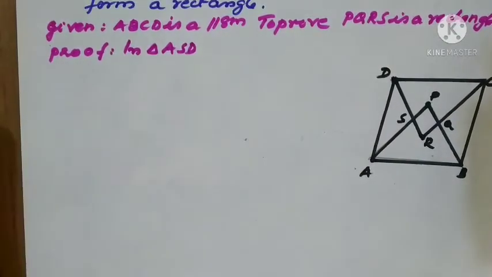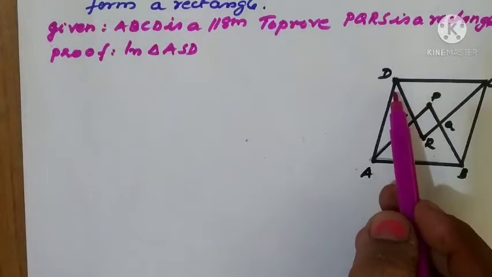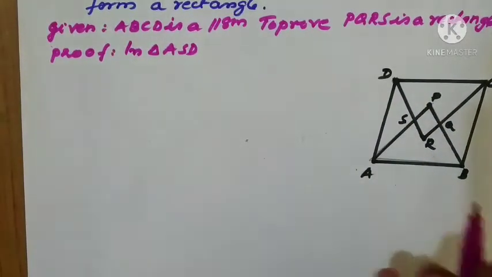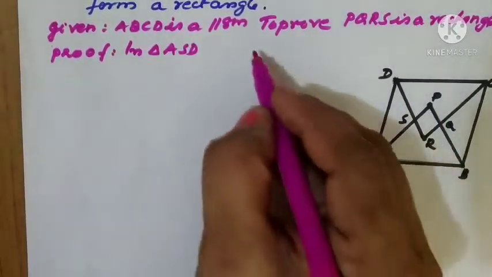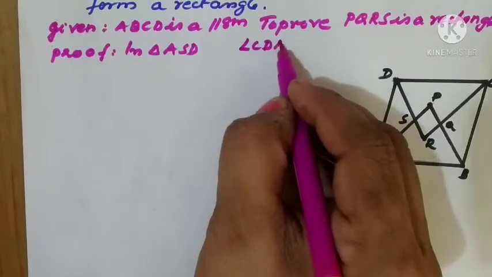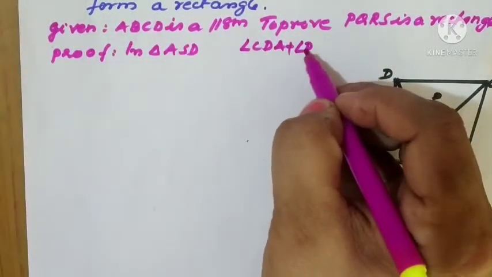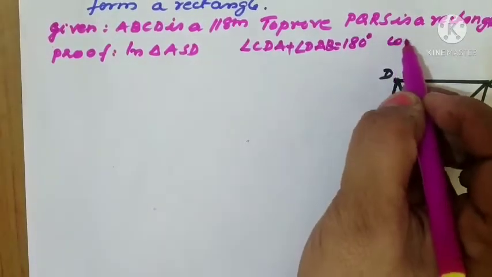Angle DS and AS are the bisectors, but we know that the complete angle CDA plus DAB equal to 180 degree only, right? So what we should write here: angle CDA plus angle DAB equal to 180 degree. What is the reason? Co-interior angles are supplementary.